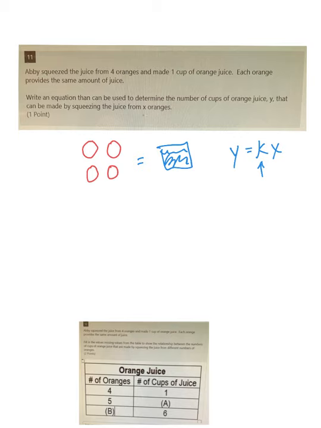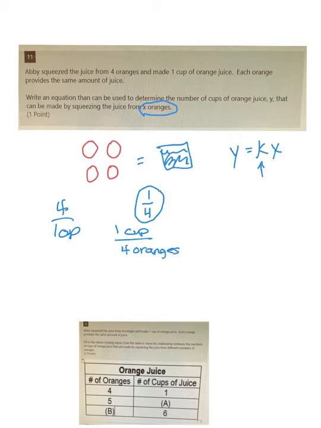Remember, they're telling you that x represents the number of oranges. So 1 orange doesn't give you 4 cups of juice. 1 orange only gives you 1/4 a cup of juice. That's your unit rate. So instead of saying 4 oranges per 1 cup, which is true, this time they want to know what it would be per orange.